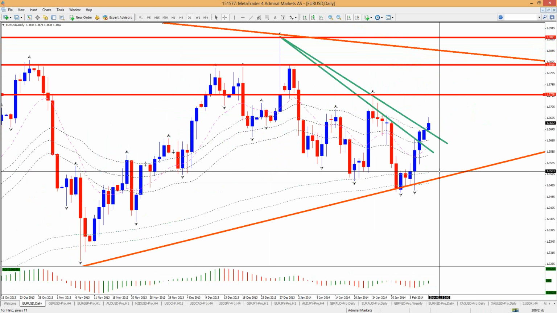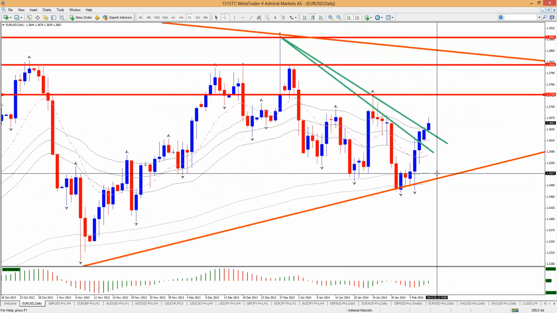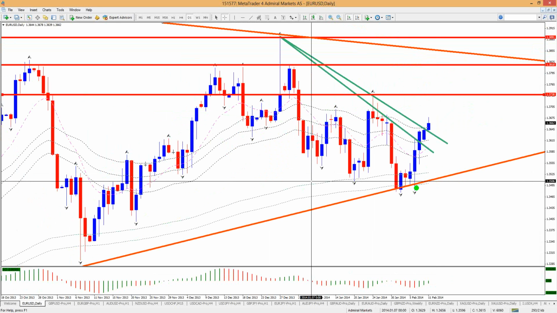So to me, to summarize it, I don't want to make it too complicated, but what I would summarize is: potential bounce off of daily/weekly support, and there could be follow through, a breakout potential to retest these resistances.